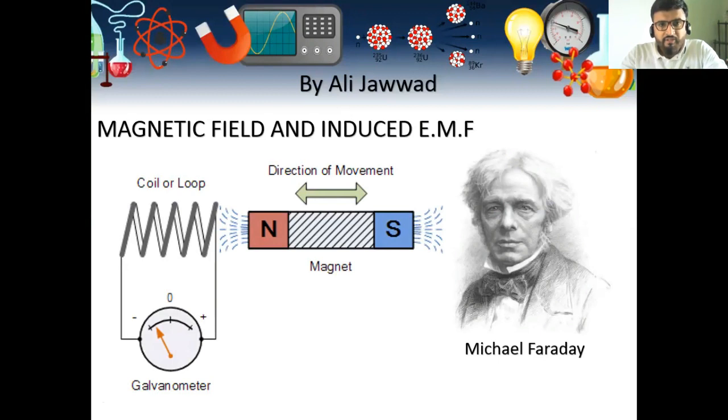Whenever the magnetic lines of force change through this coil, a voltage is observed on the galvanometer. Note that it is not important for the magnetic field to be there. What is important is that the magnetic field is continuously changing.